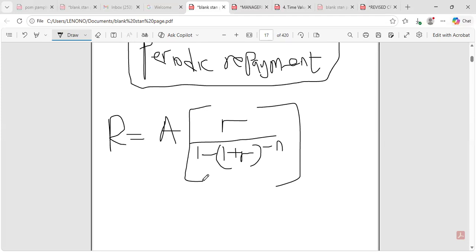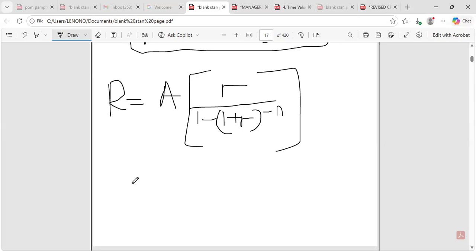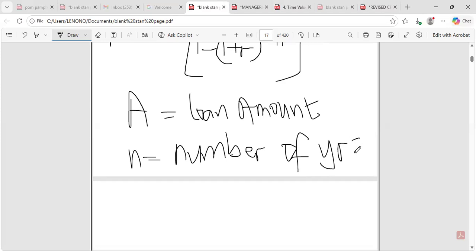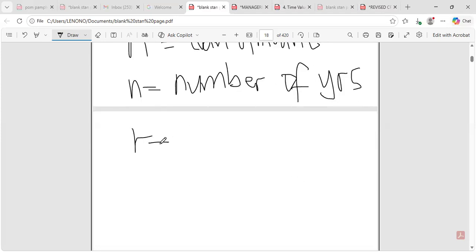So that's the formula for loan periodic repayment. Where A is the loan amount, N is number of years, and R is the interest rate.